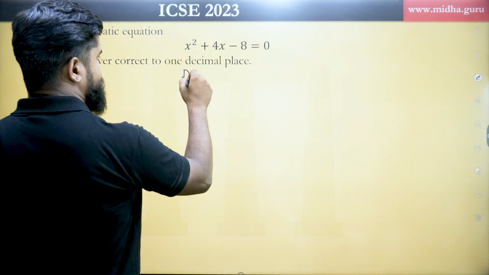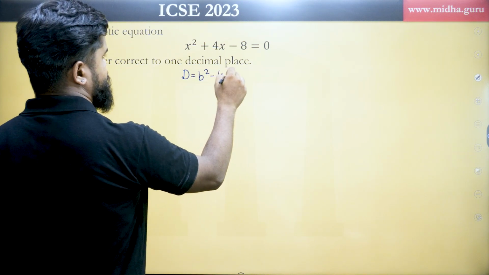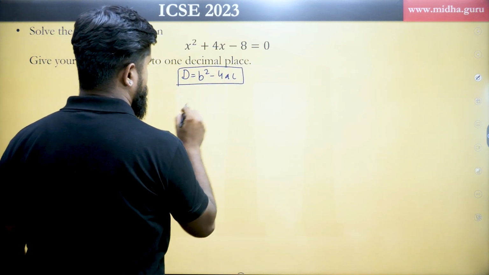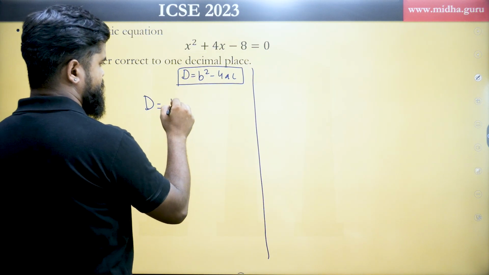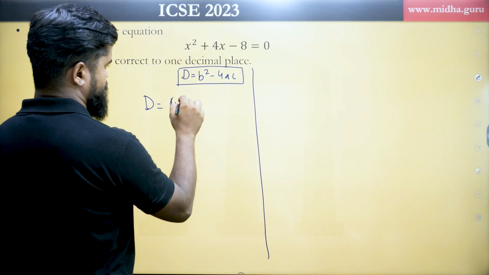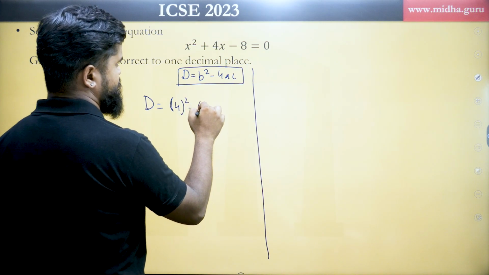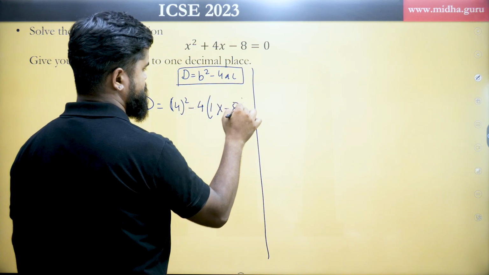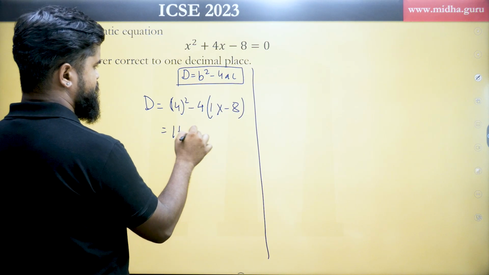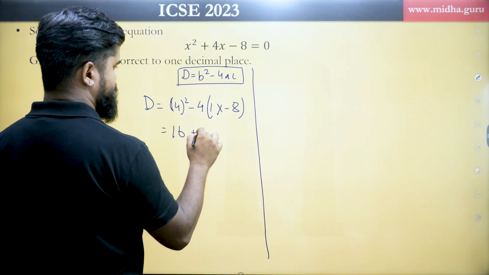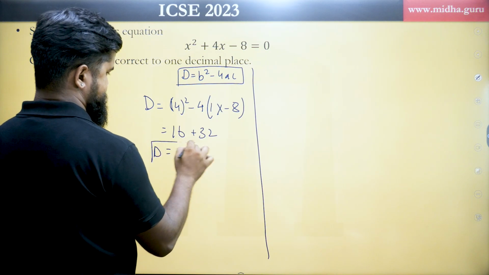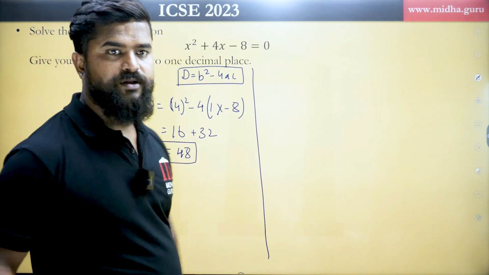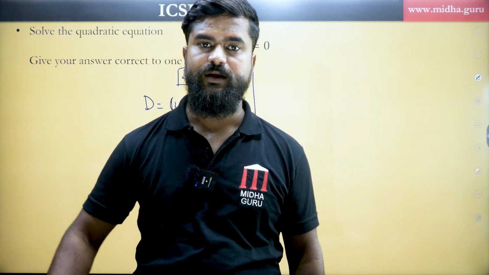So we'll first find the discriminant. Now D will be equal to b square, that is 4 squared, minus 4 times a into c. This is equal to 16 plus 32. So the discriminant becomes 48.